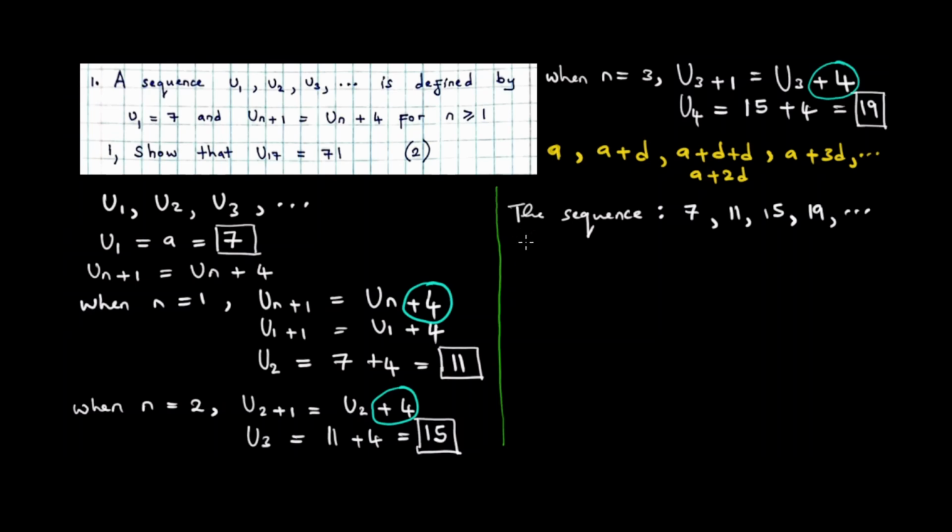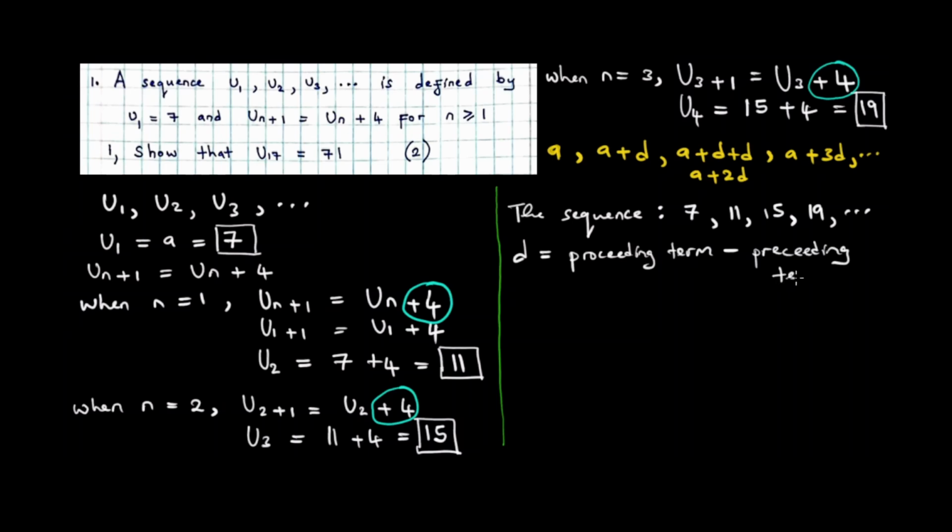Now, since we want to find the common difference, let us just use the letter d. We know that d is equal to the preceding term minus preceding term.